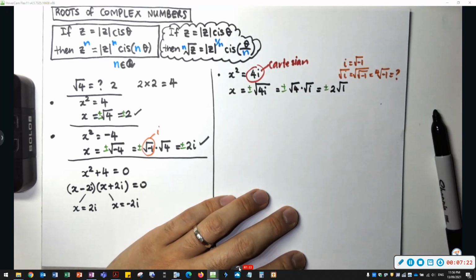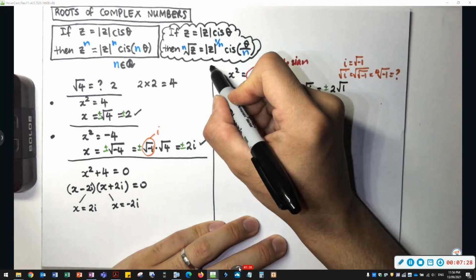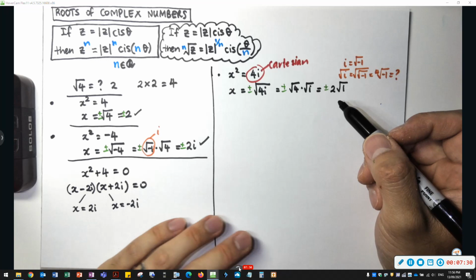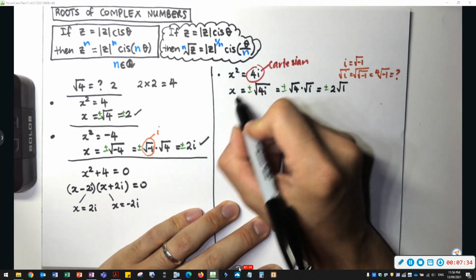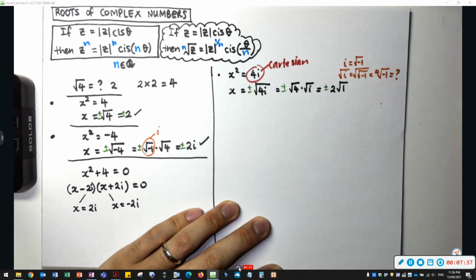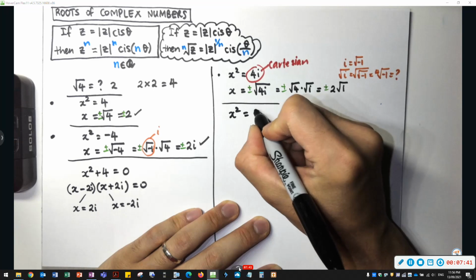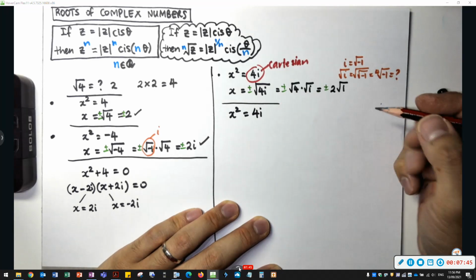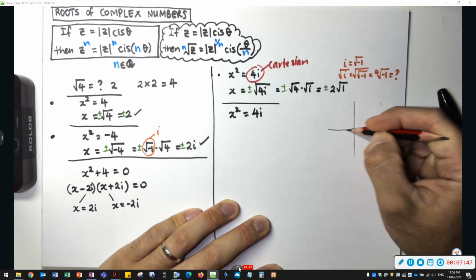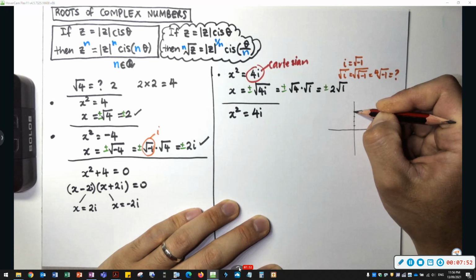De Moivre's theorem needs you to write the complex number in polar form. So if we redo this question by looking at it in a different way, you will be able to find these roots easily. So 4i, how do I write that in polar form? Remember, on an Argand diagram, where is it located? Okay, 4i is purely imaginary, so 1, 2, 3, 4, it's here.